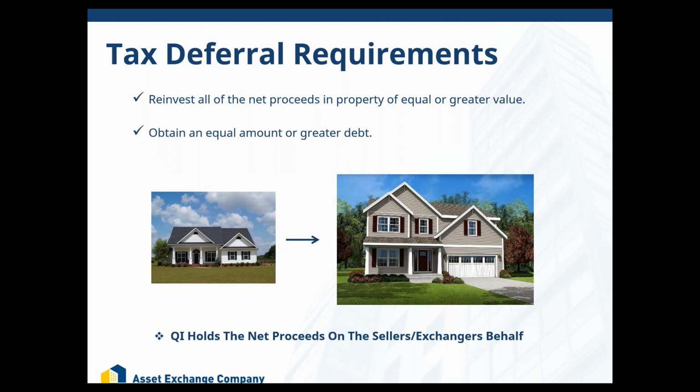That's the cash that normally you would get out of the closing for the property that's being sold, the relinquished property, okay? Now, we're the QI, the qualified intermediary. We're going to hold those proceeds from that sale on behalf of the seller, the exchanger, all right? Because the rule is they can never have receipt of those funds, all right? If they ever do, they lose their ability to do a 1031 exchange, right?